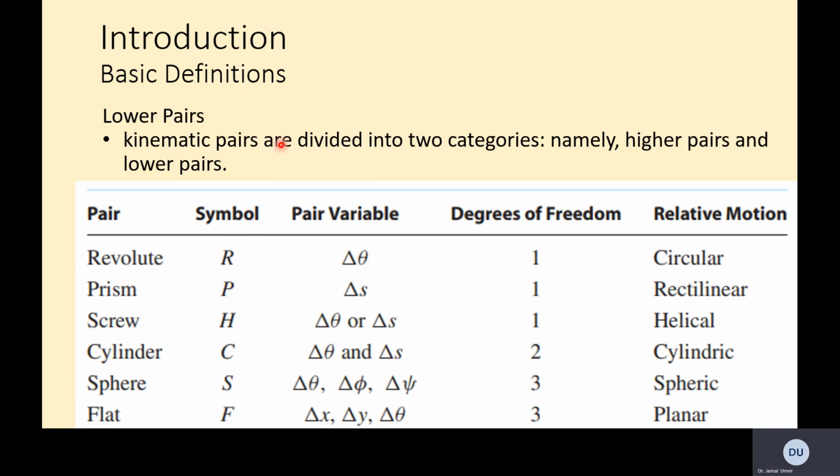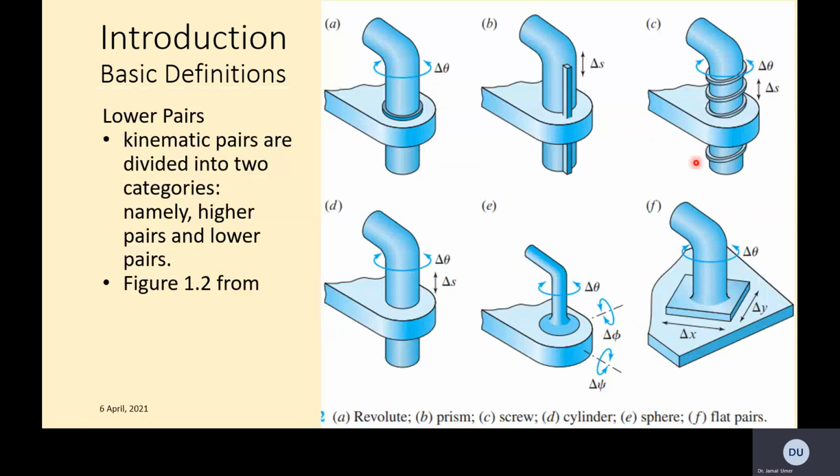I will just go through a little bit of revision of the last lecture. We have discussed the division of kinematic pairs, which was basically the lower pairs and higher pairs. The lower pairs are further classified into six different groups or six different pairs.